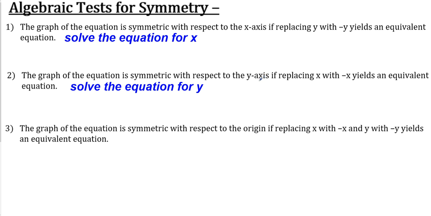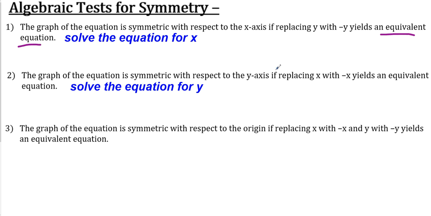This is one reason why having the parent function graphs can be beneficial to you, because a lot of our parent functions do have some symmetry involved. With respect to the x-axis, we're just going to solve the equation for x and get an equivalent equation. That's a big deal.